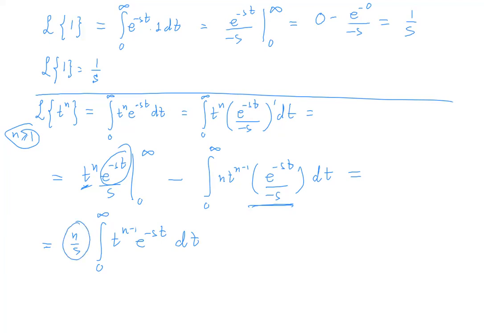So for example, let's say that you want L of t. Actually, let me identify the general formula that I got. L of t to the n is the same thing as n over s times the Laplace transform of t to the n minus 1.